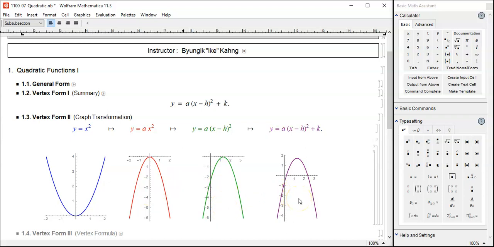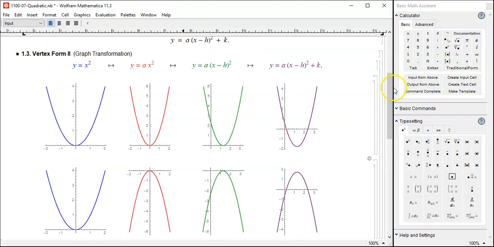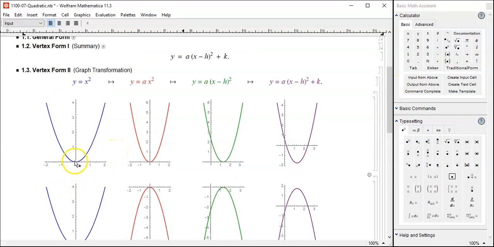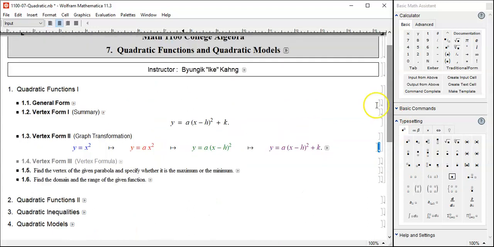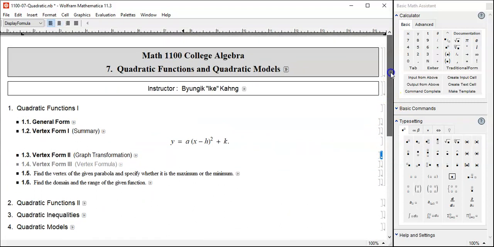That's it. From (0, 0), the vertex, still at (0, 0), and then (h, 0) and (h, k). That's how it's moving. We took the flipping, so minimum became maximum when a is negative. Previously, when a was positive, we didn't do any flipping, so minimum stays at minimum. Otherwise, the same idea. So (h, k) is the vertex. I think everybody understands it now.